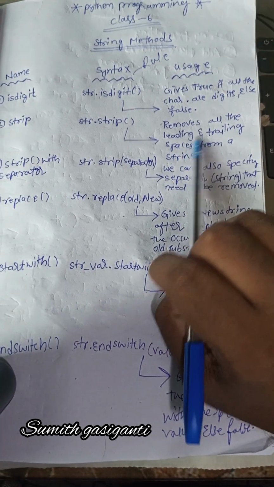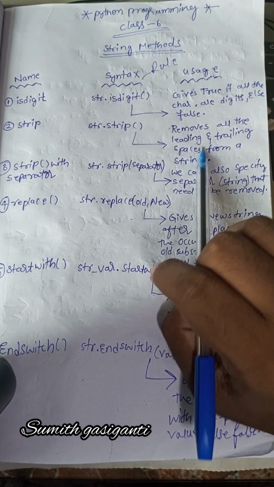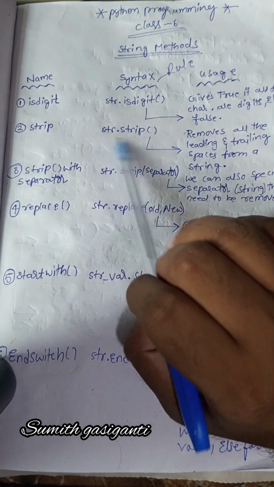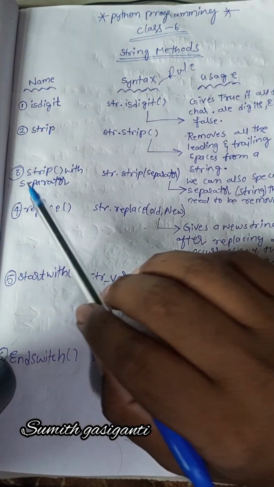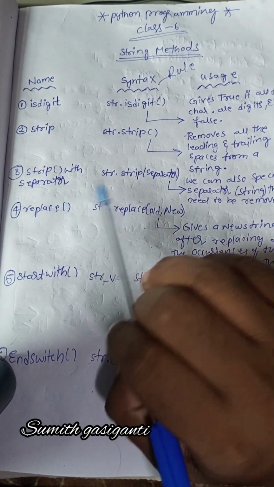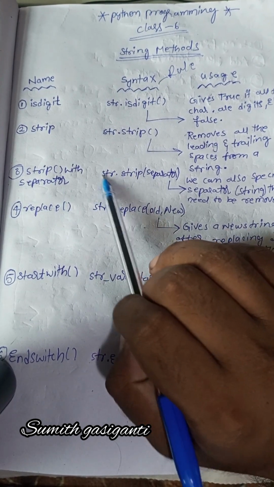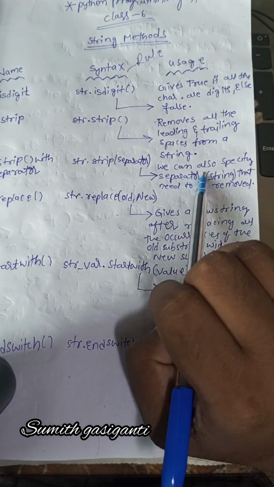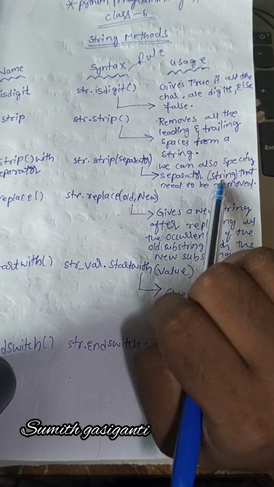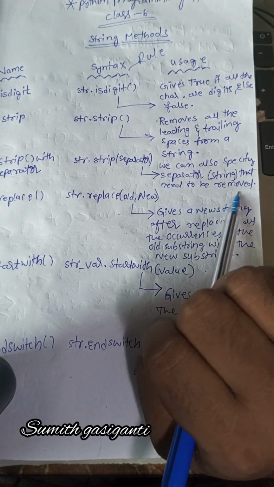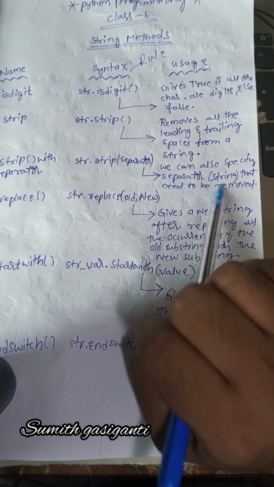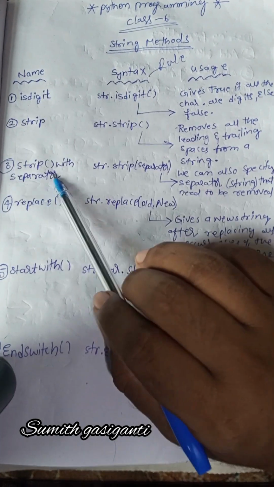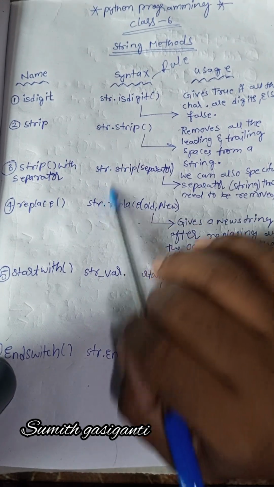Next, strip with a separator: str.strip(separator). In this case, we can also use a specific separator, meaning the specific string that needs to be removed. So we use this strip with separator syntax in Python.